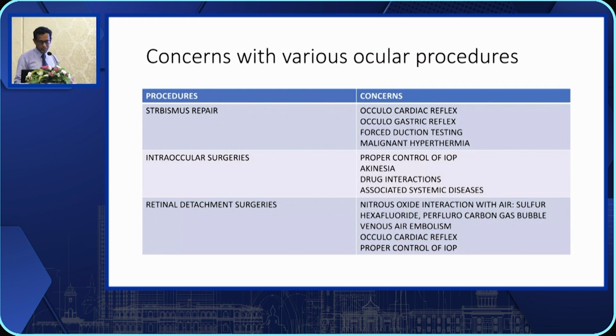So these are special considerations for the procedures: if you're doing strabismus surgery, the oculocardial reflex and oculogastric reflex are very common. They say 60% of strabismus surgeries get the oculocardial reflex, and in intraocular surgeries you need to control the intraocular pressure very closely. Retinal surgeries can also cause the oculocardial reflex.